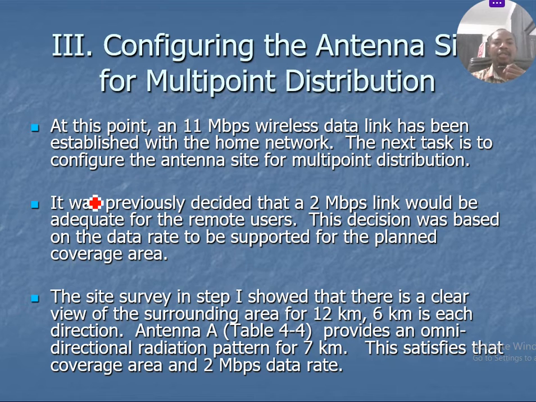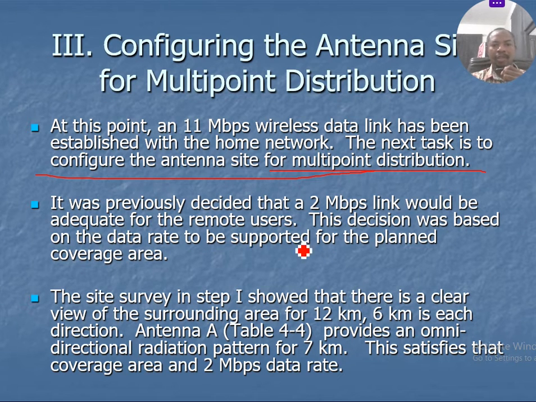Now the next task is to configure the antenna site for multi-point distribution, so that we can distribute to several users. If you set up the main antenna on the distribution point, it will have multiple distribution, and we'll be able to distribute to other home users.